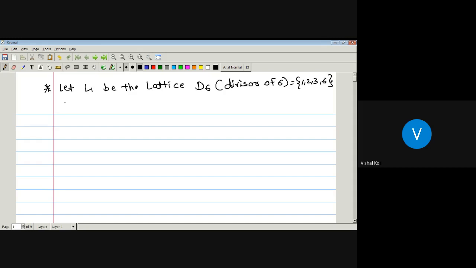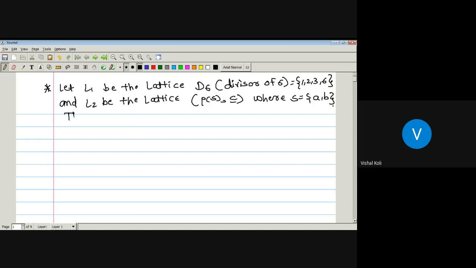And let L2 be the lattice power set of S with the relation inclusion, where S is a set containing two elements A, B. And these two lattices are isomorphic.